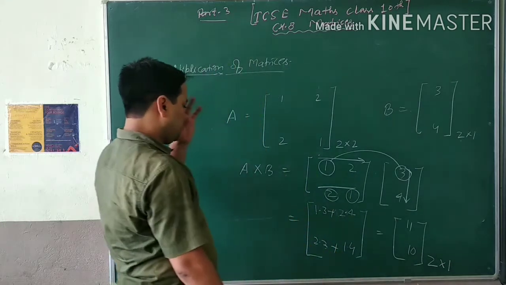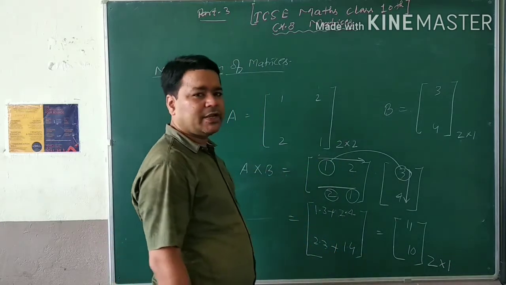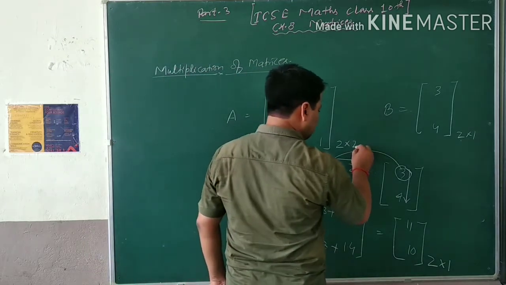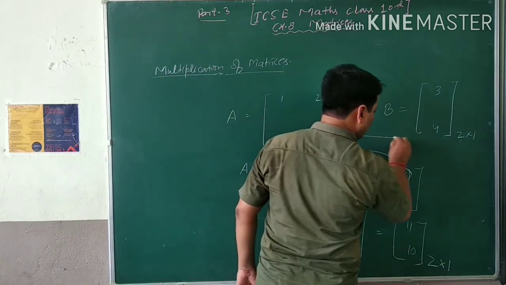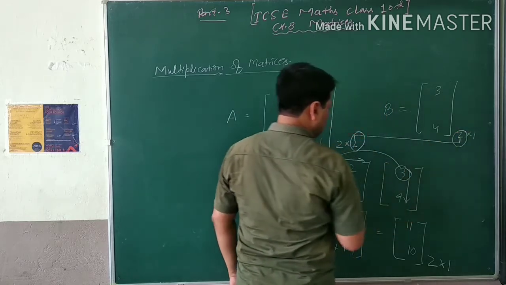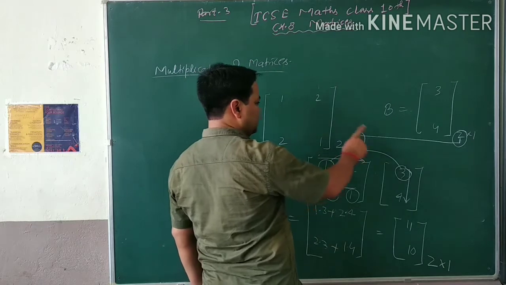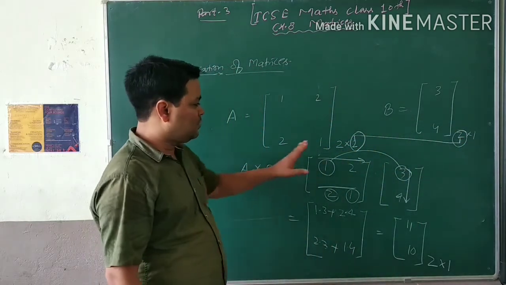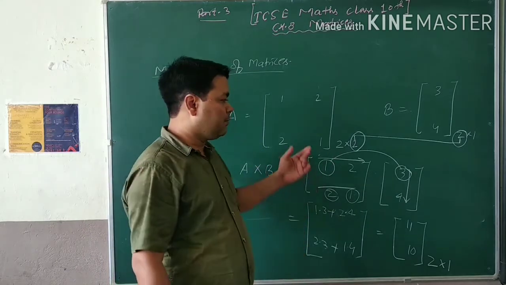From here we can also find the order of the resultant matrix. The column of the first matrix is equal to the row of the second matrix. This is the compatibility of the multiplication of two matrices.